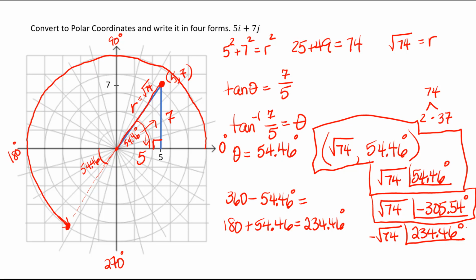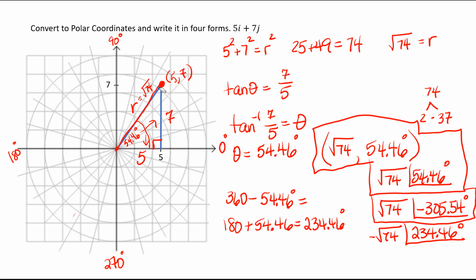Another way you could do it would be to just spin around the circle twice. You could start at 0 and go all the way around and back up again.